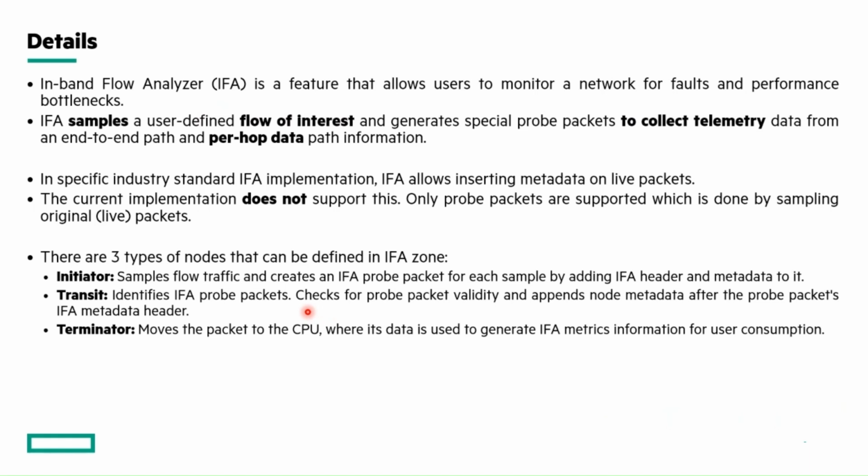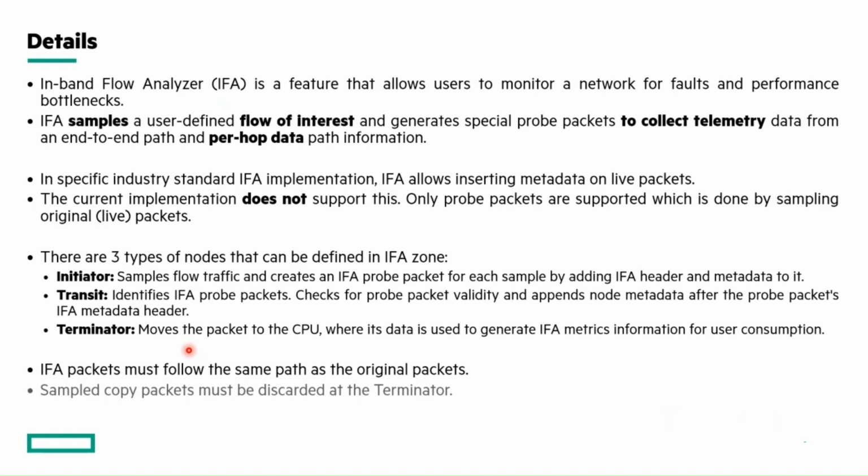Finally, when the packet is taken through the transit nodes and comes to an end at the terminator, this is where the termination of the IFA flow comes into play. The packet is moved to the CPU, where its data is used to generate IFA metrics information for user consumption. Now, IFA packets must follow the same path as the original packets, and that's the strong zone of IFA.